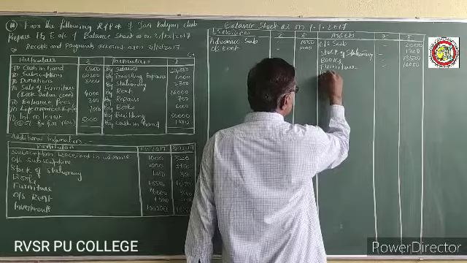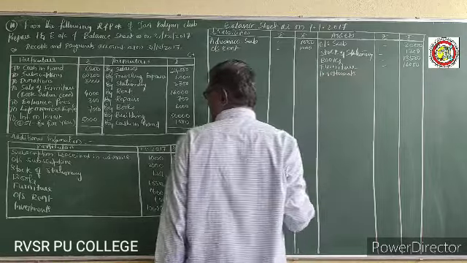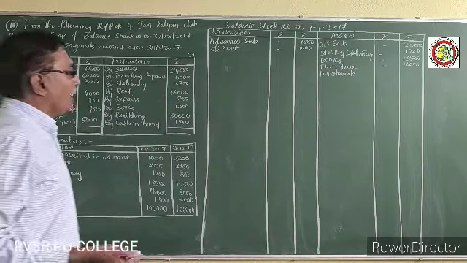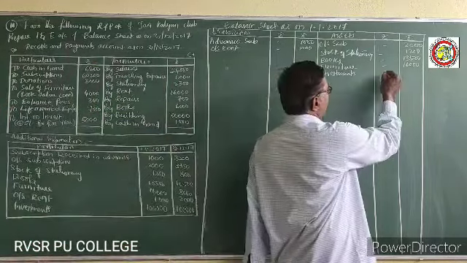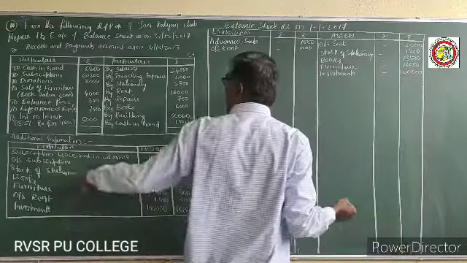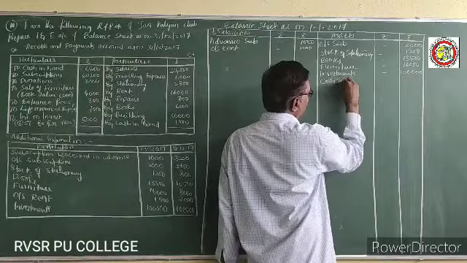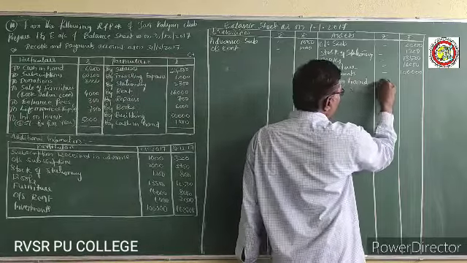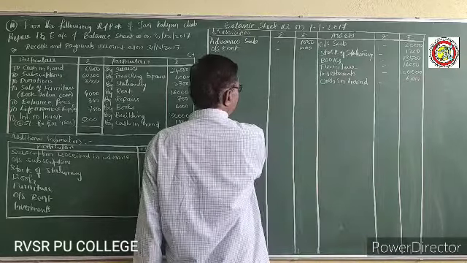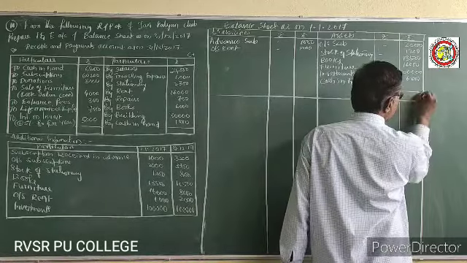Next, investments 1 lakh. Next, opening cash in hand 6,800. So now these are all the items for the opening balance sheet.